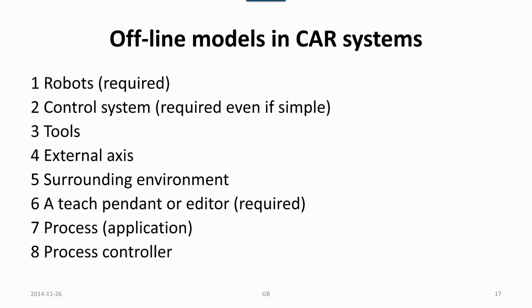We have control systems, which could be the true control system of the target system or an emulation of a robot system. We have different kinds of tools and effectors. We have external axes if needed. We have some peripheral equipment and environment around. Could be fences, could be whatever.